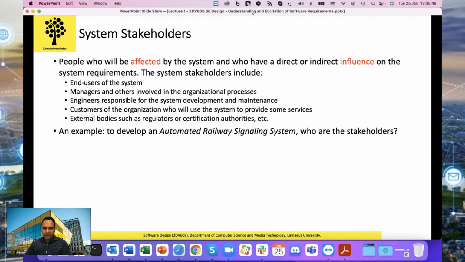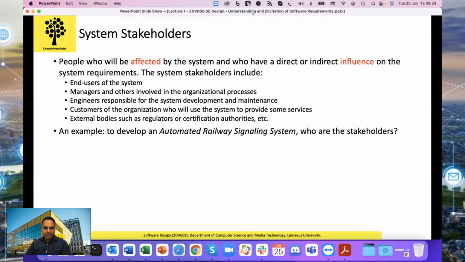There is an exhaustive list of stakeholders, and any people who are affected by the system directly or indirectly are part of the system stakeholders, and they might have their own requirements that should be considered when you are creating or eliciting your requirements. I will also come later to what we mean by requirements elicitation, but here let's talk about stakeholders.